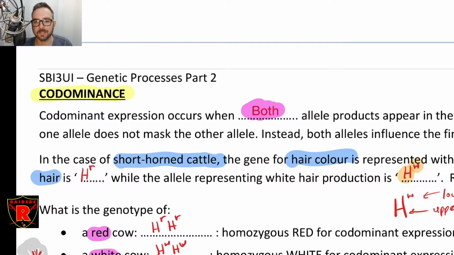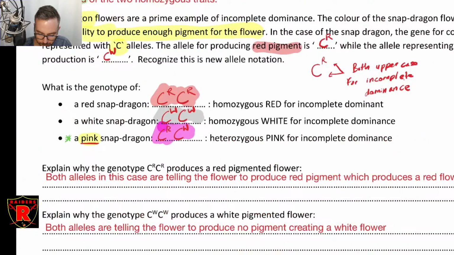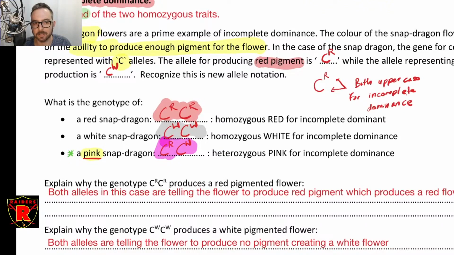That is what ends up showing up in the organism, is that you see both options at the same time. In other words, some cells are going to follow the one, and some cells are going to follow the other. So what you end up seeing in the organism is both things. And if this last example here, the snapdragons, was codominance and not incomplete dominance, it is incomplete dominance in real life, but if it was codominance, what you would see is red, white, and then the codominant one would be red and white.